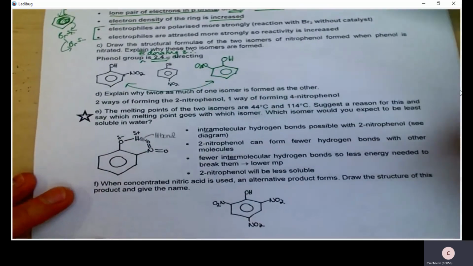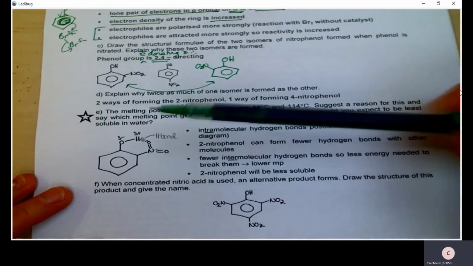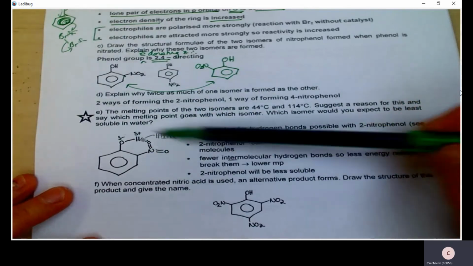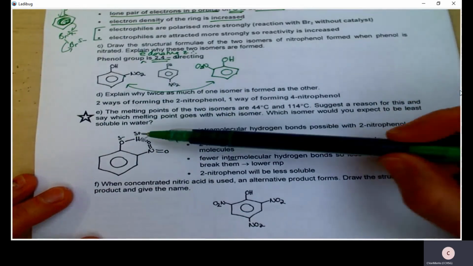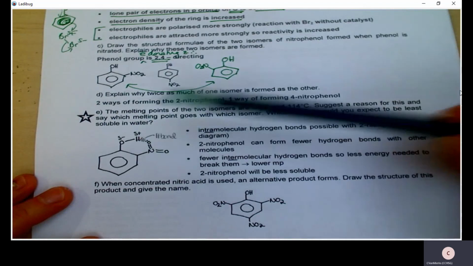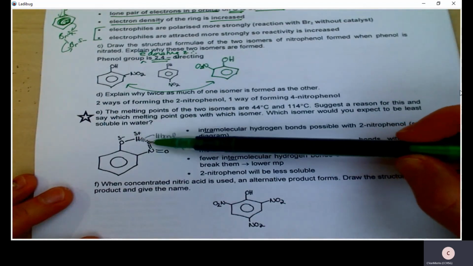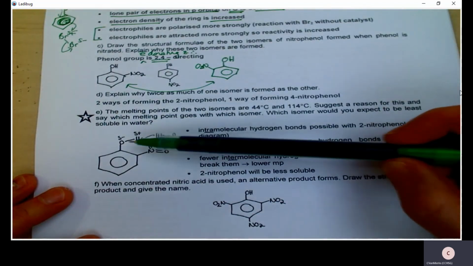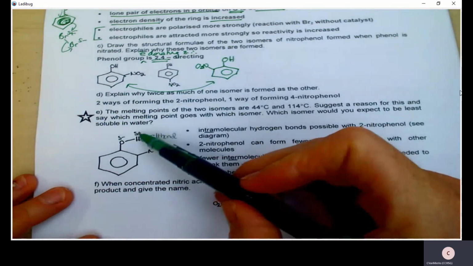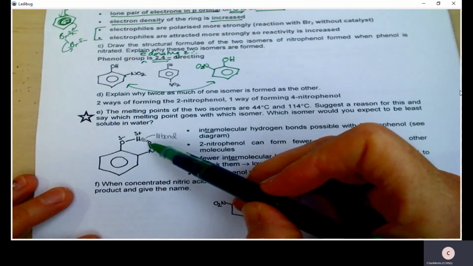So if we draw out our 2-nitrophenol and we draw out our nitro groups, we can orientate them such that the OH of the phenol group is in close proximity with the O of the nitro group, and then delta plus on here, lone pair of electrons on here, should start shouting hydrogen bond at you.